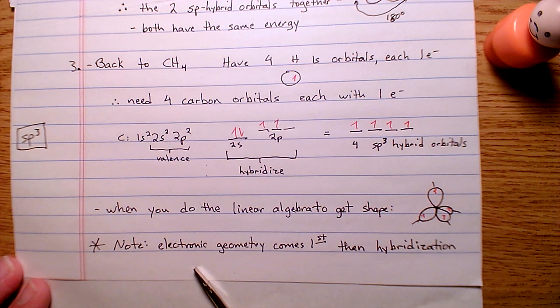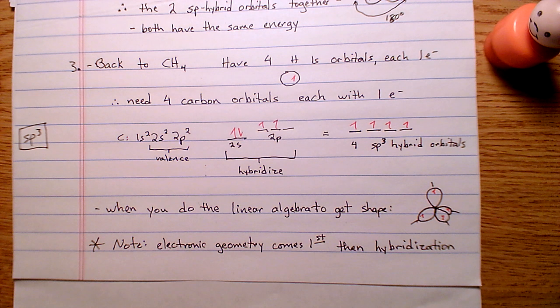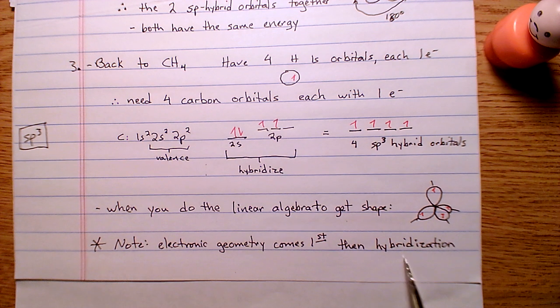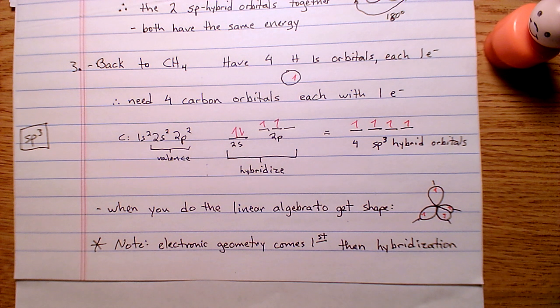Something very important to note, when you're trying to figure out hybridization, you look at the geometry first. What is the electronic geometry of your molecule? Once you know the electronic geometry, that then tells you what the hybridization must be. If your electronic geometry is tetrahedral, that tells you that the hybridization must be sp3.